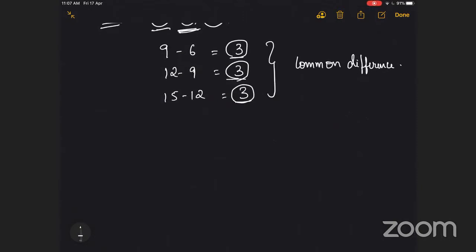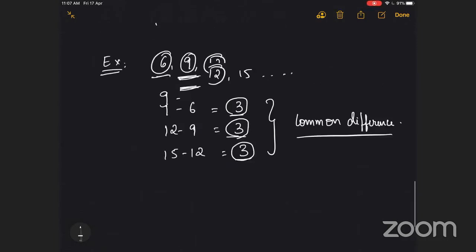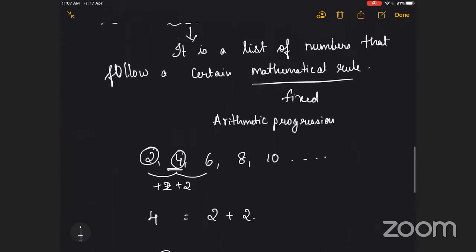Common difference is a fixed value in the arithmetic progression that we get when we subtract a term from its preceding term. So here, what will be the mathematical rule? The fixed number which we add or subtract to the previous number to obtain the next number.